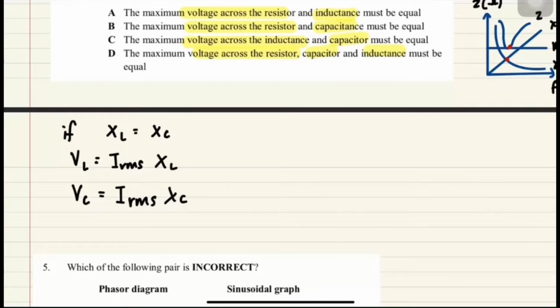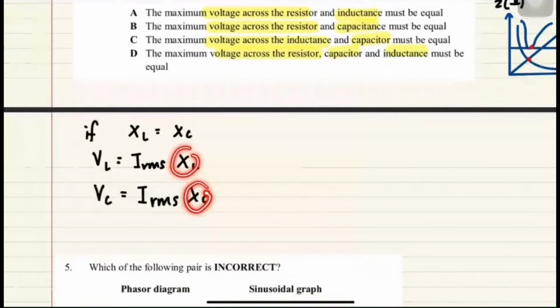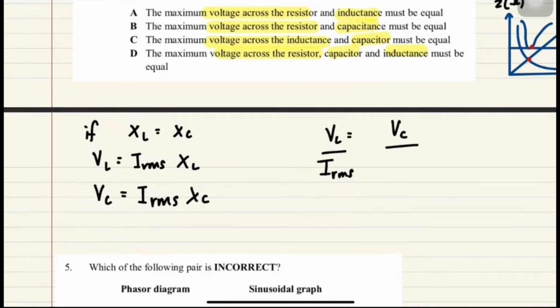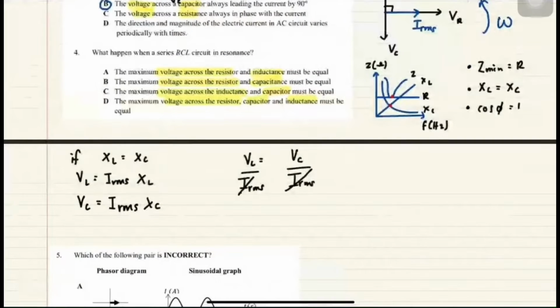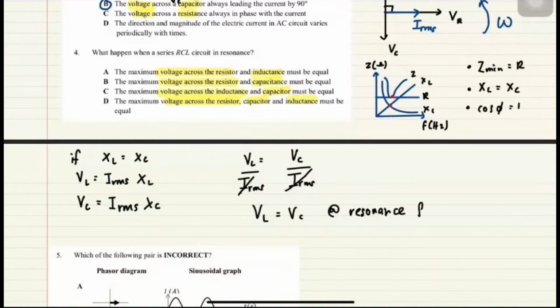Since XL and XC are equal, I can equate them. So bringing this down, VL over IRMS equals VC over IRMS. We know that the IRMS is the same across the circuit, so you are left with VL equals VC at resonance, at resonance frequency. Okay, so the answer will be C.